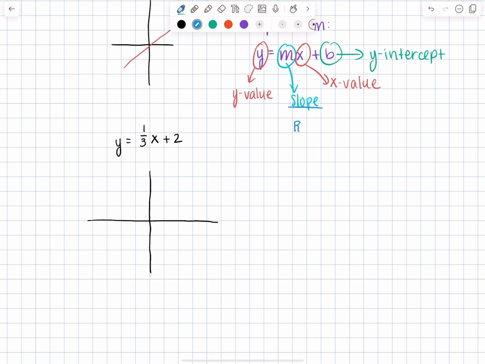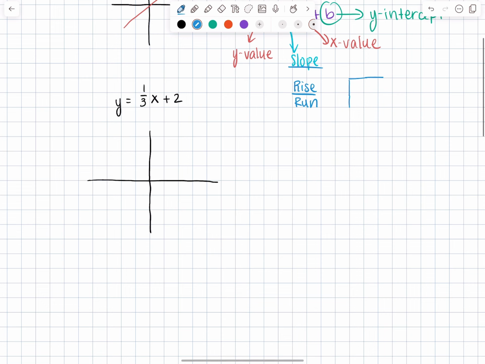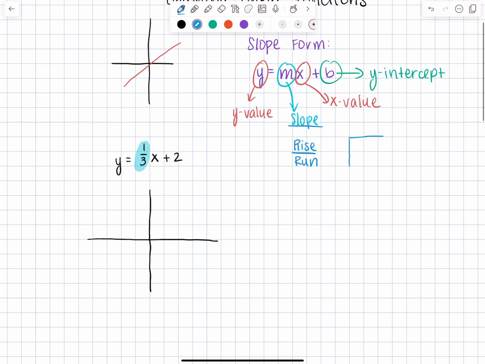Our slope is rise over run. So how many times you go up, over how many times you run left and right. Rise can be up or down, run can be left or right. For this example, we can see that 1 over 3 is the slope because it's being multiplied by x. Whatever number is multiplied by x is the slope.